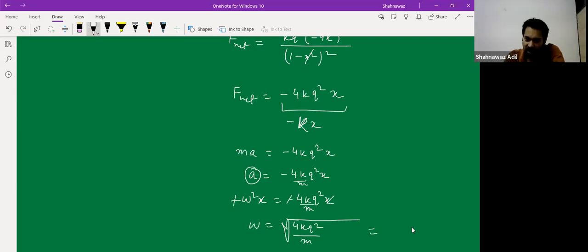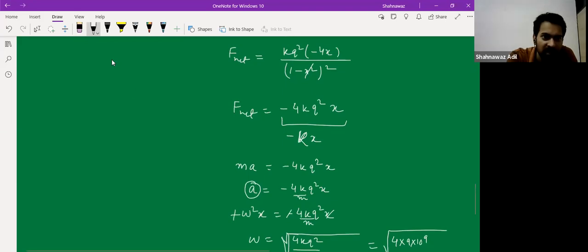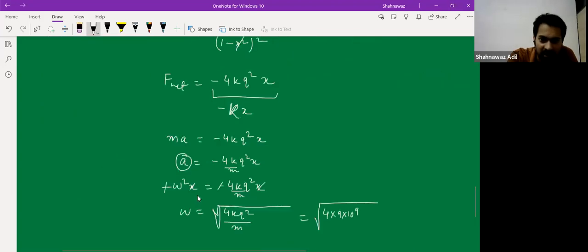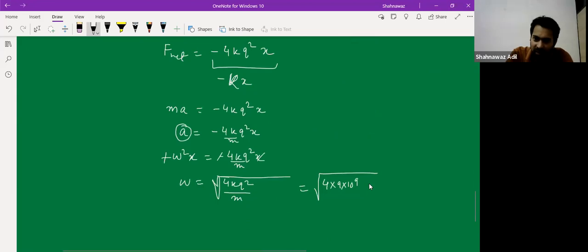And k is how much? k is 9 into 10 to the power 9. Q squared is given. Q squared is 10 coulomb squared, right? And mass is 1 milligram, so this is 10 to the power minus 3 gram, which is 10 to the power minus 3, 10 to the power minus 3 kg.